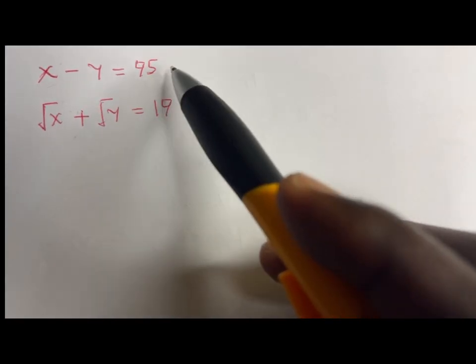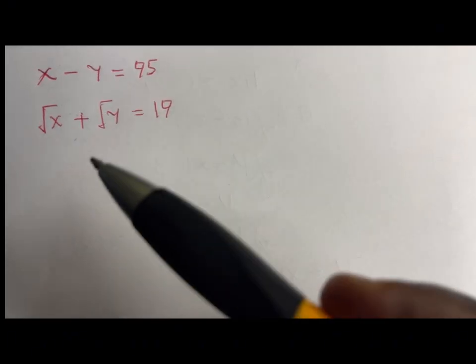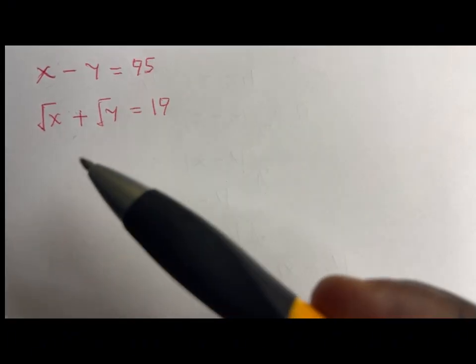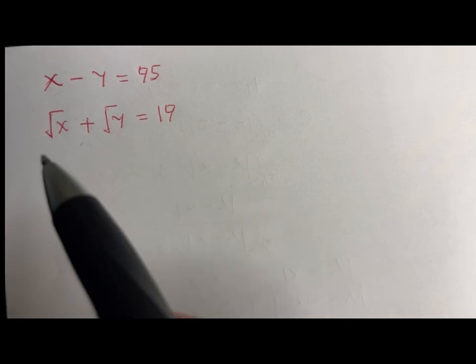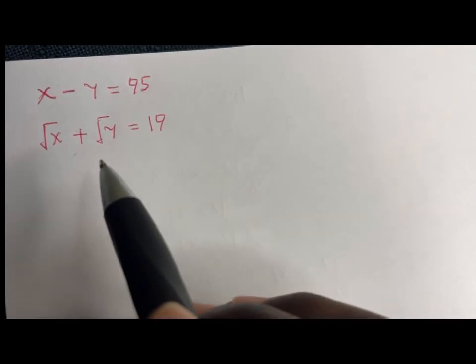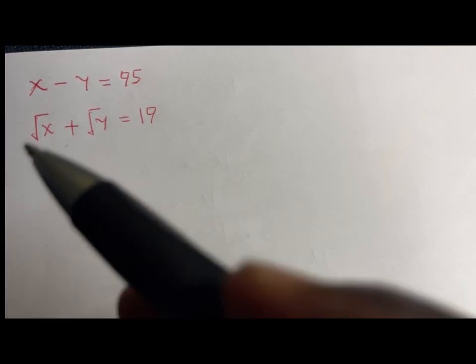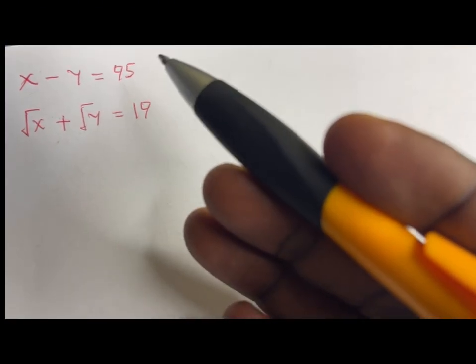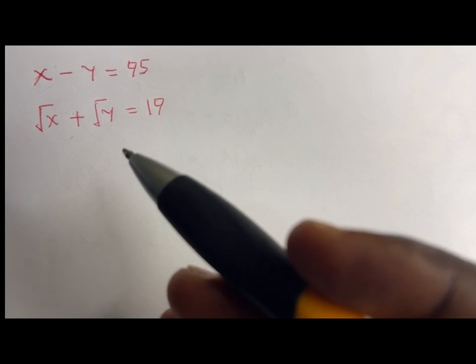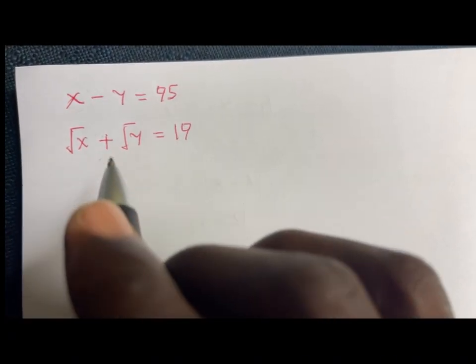In solving them simultaneously, we wouldn't add or subtract the two equations, otherwise we'll be doing a merry-go-round. So what we have to do is either multiply the two equations or divide. I will divide the two equations.